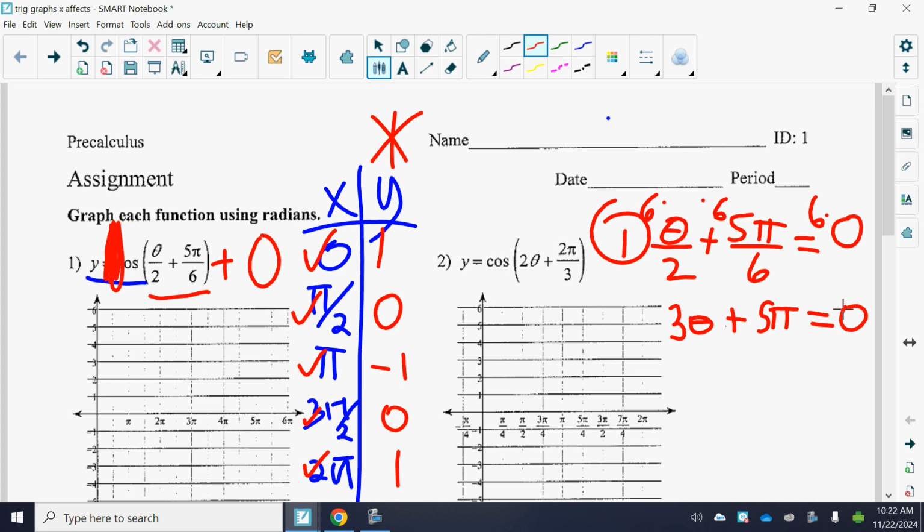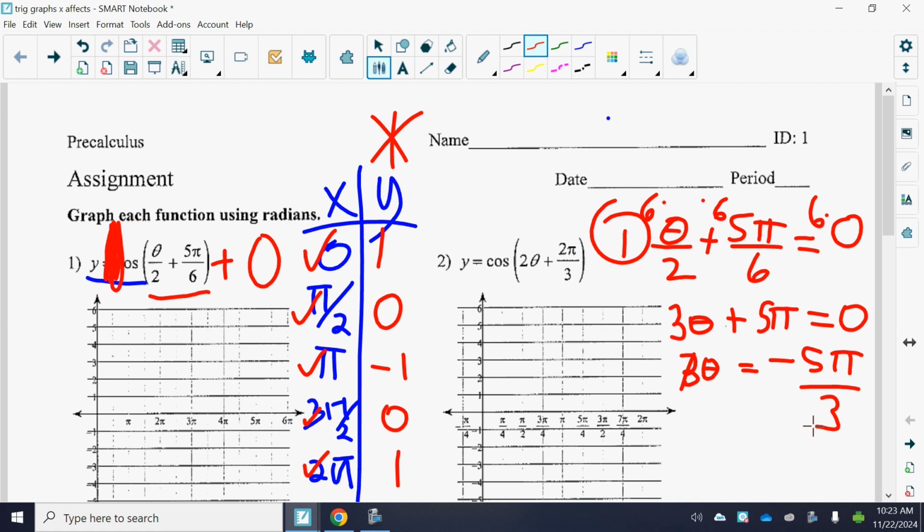So what would I do to everybody? I would times everybody by 6. That would make what? Come on, say it. Excellent. And then I can solve lickety-split. So I'll subtract 5 pi, and I'll divide by 3. Now that's a humongous shift of what 0 was. 0 is now negative 5 pi thirds.